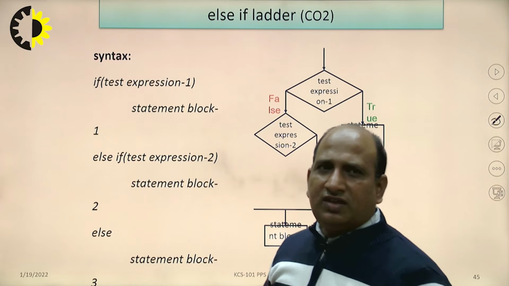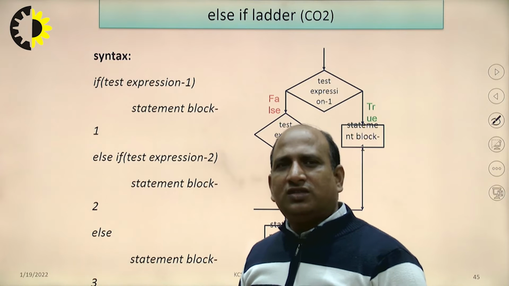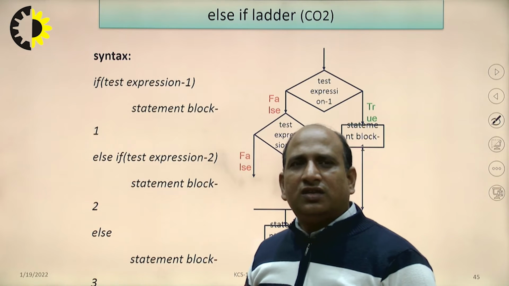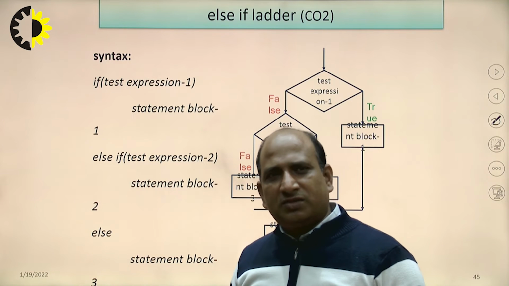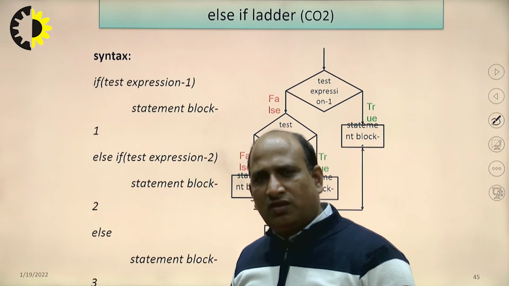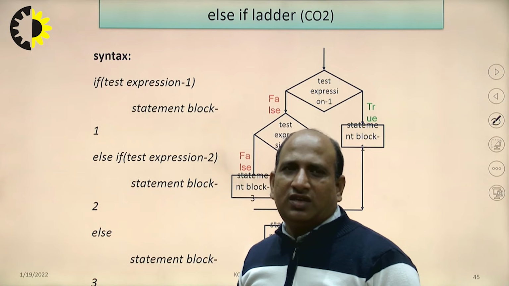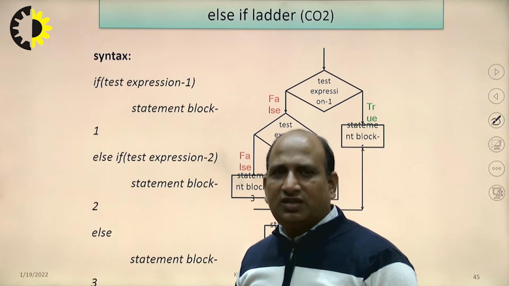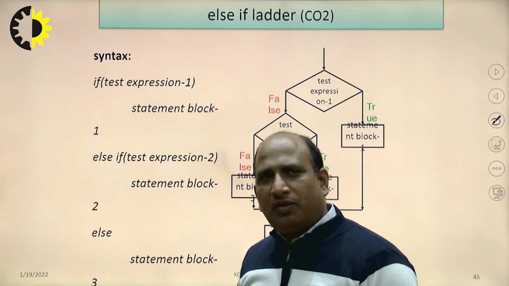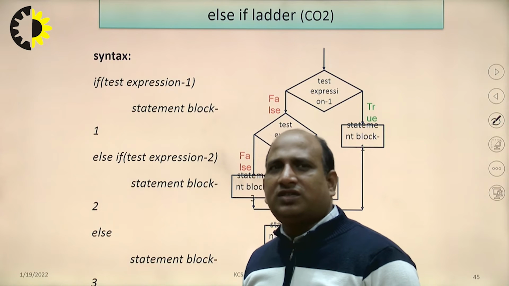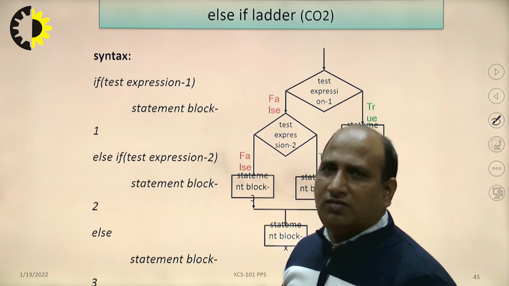Then if test expression 2 is true, statement block 2 will execute, and otherwise, if neither test expression 1 nor 2 is true, then statement block 3 will execute. That has been written in the last else part. This way we can follow this syntax to implement the else if ladder concept of C language.